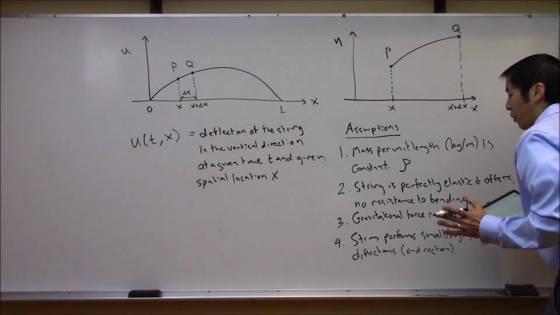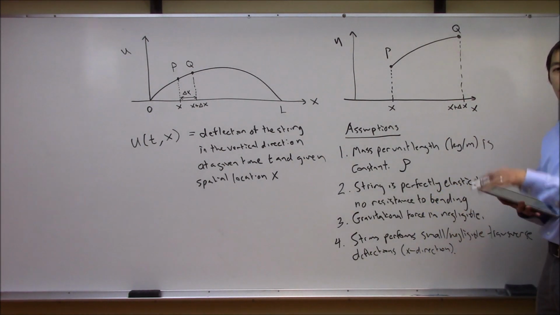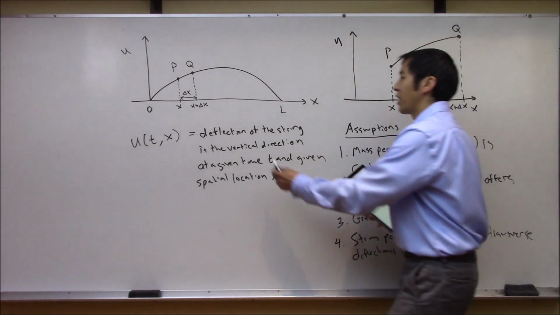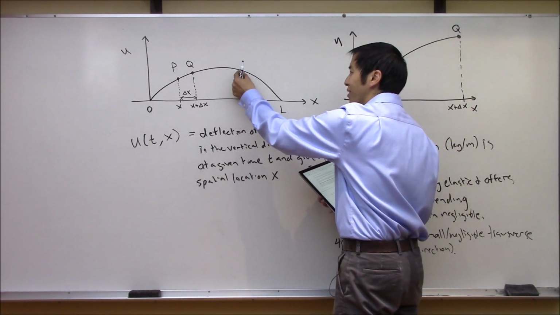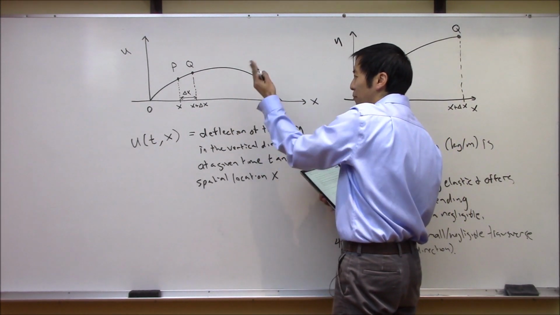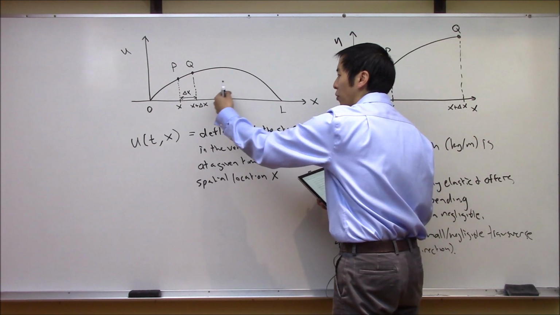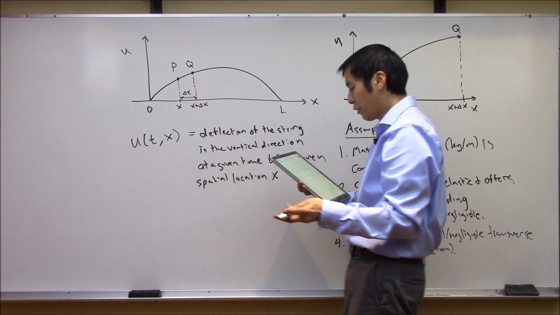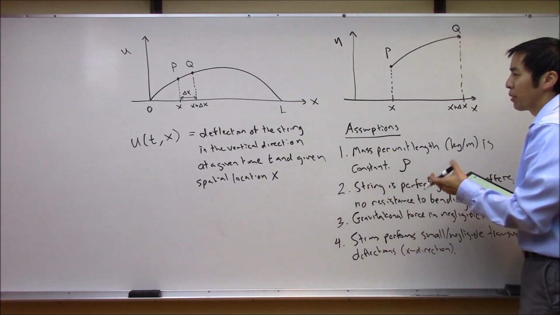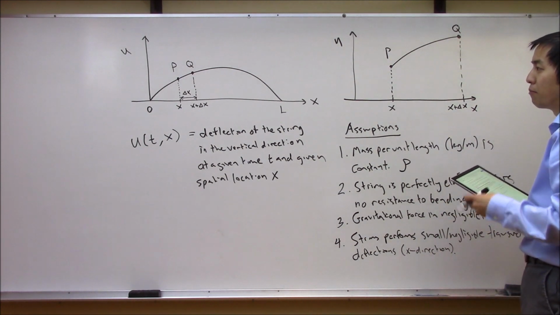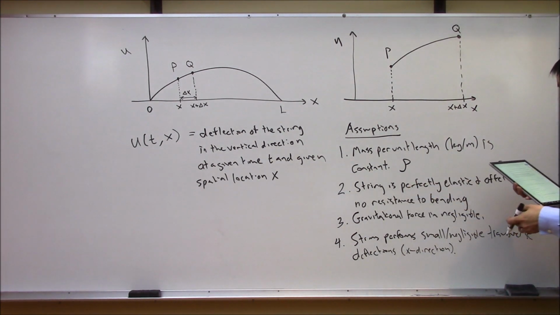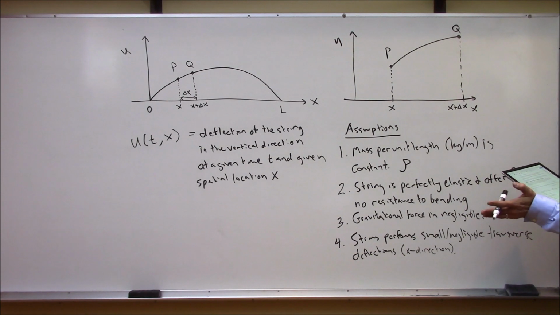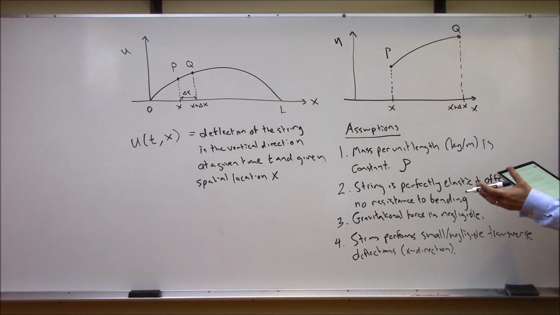Another way to think about this is that the only motion happening with this string is that it's going up and down. Sure, as this tiny little bit moves up and down, it might go left and right a tiny bit, but that's going to be negligible compared to the other motions of the string. So again, assumption number 4 is one I don't think is going to break anything too badly.